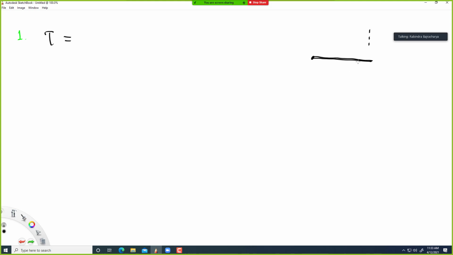Here is the force. Just draw, extend that line. So this is the line of action. This is the pivot. So the distance between the pivot and the line of action, what is that? 60 centimeters.